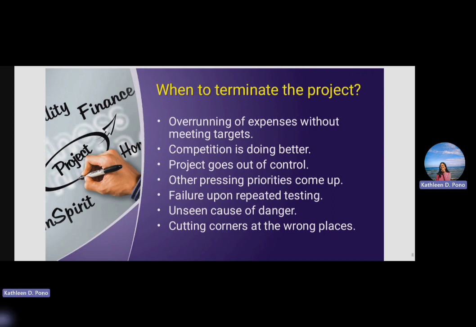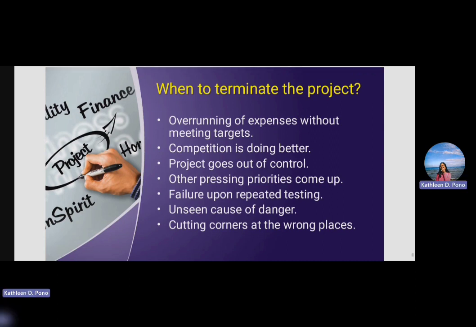Also, failure upon repeated testing. If the project repeatedly fails testing or quality assurance checks, then it may be time to consider termination to avoid further investment in a project that is unlikely to succeed.